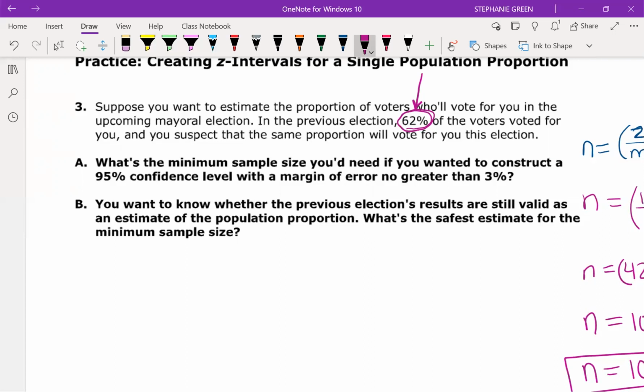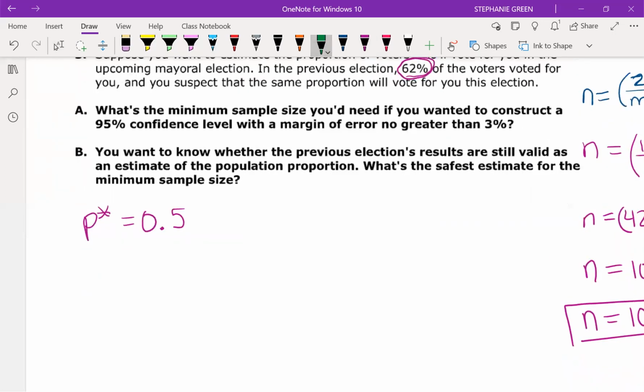And as we said in the notes, when you're looking for a sample size based on a margin of error and you want an extremely conservative answer, we're going to let our P star, our guess for a proportion, be 0.5. In other words, to get your most conservative minimum sample size, we guess that the results will be exactly 50-50. So we're going to do the same thing now that we did before, but now P star will be 0.5.